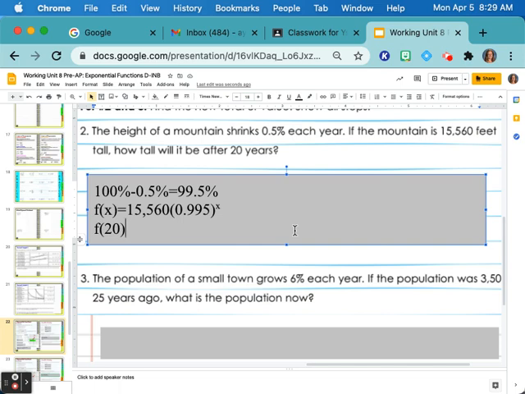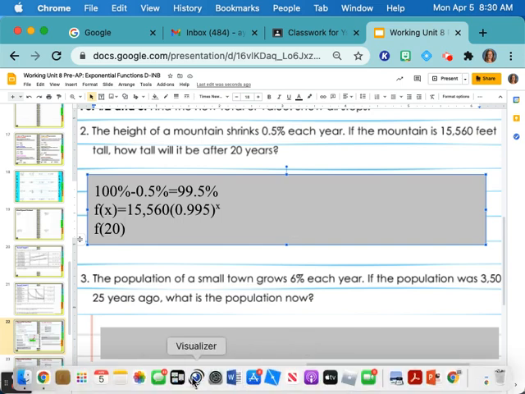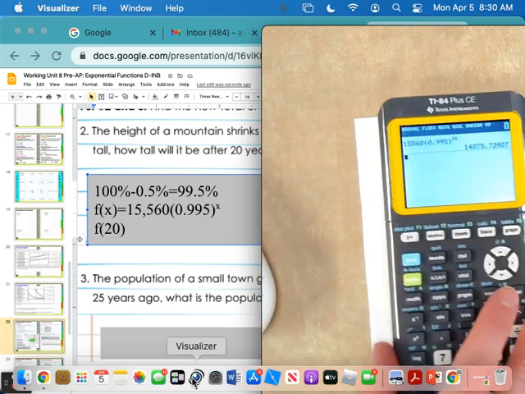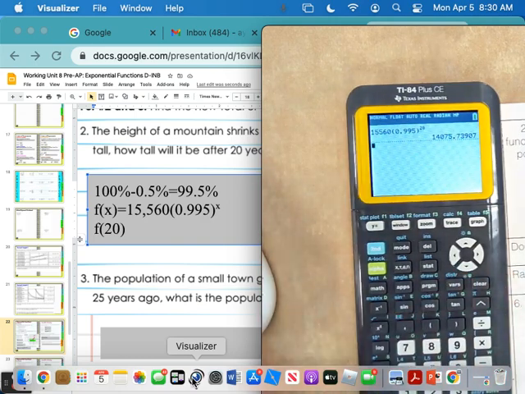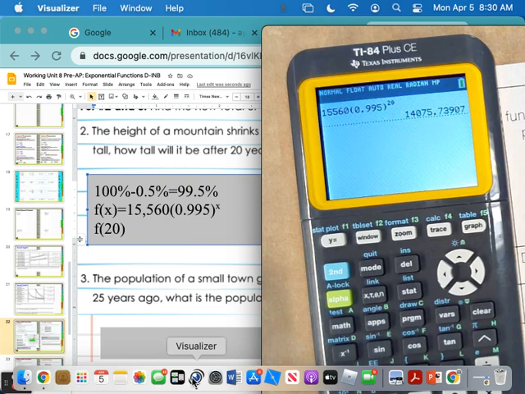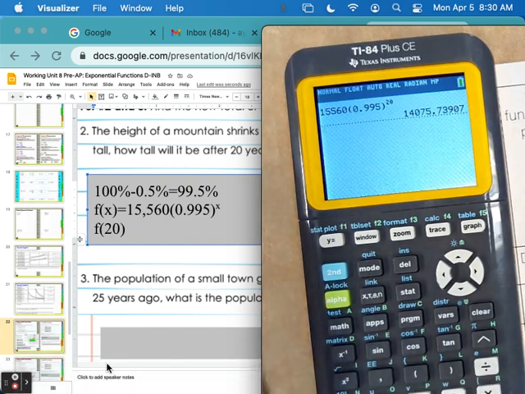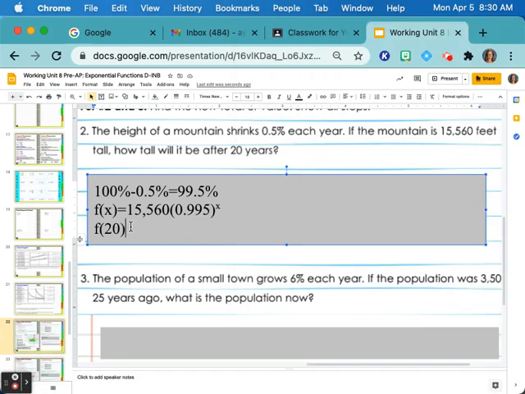And we need to round it to the nearest feet, right? So you can put it into y equals, look at the table, or you can plug it in. Like that, either way. So f of 20 equals 14,076 feet.